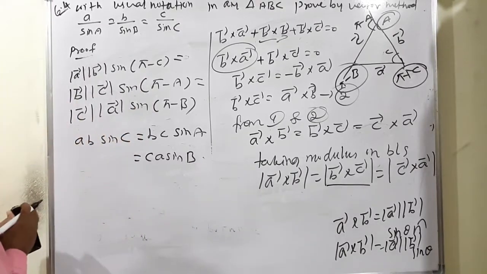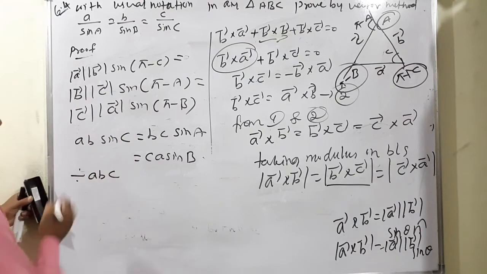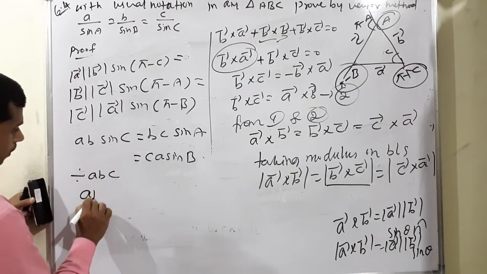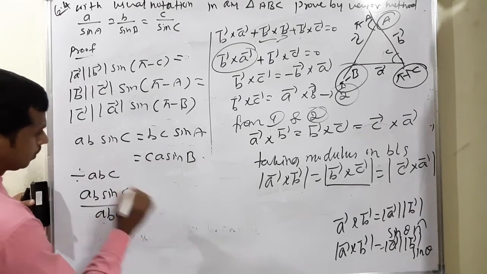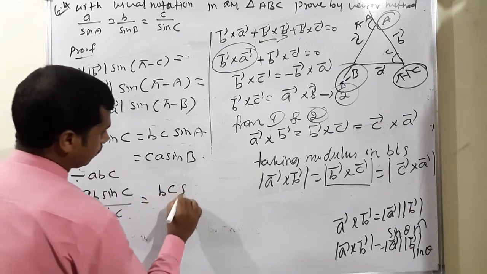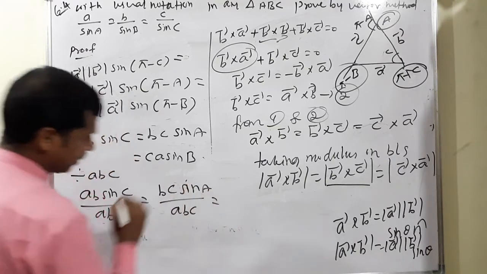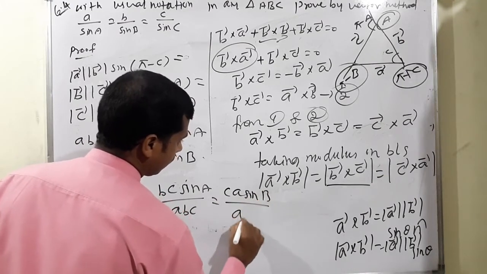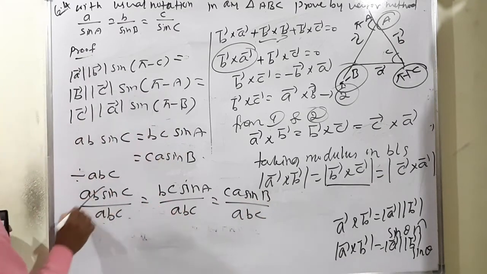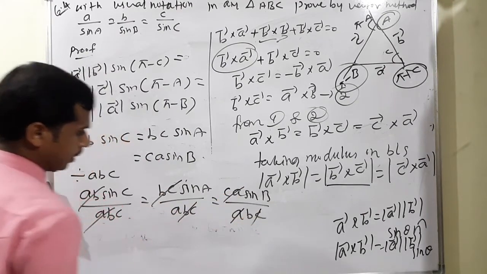So now each and every term is divided by ABC. What will happen? AB sin C divided by ABC is equal to BC sin A divided by ABC, then CA sin B divided by ABC. AB, BC, CA cancel.